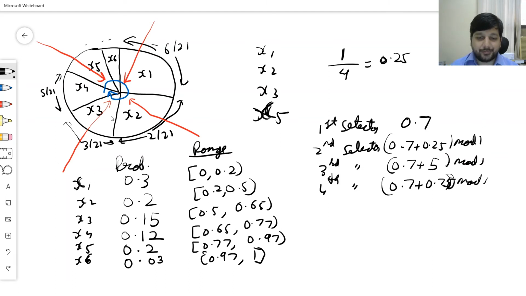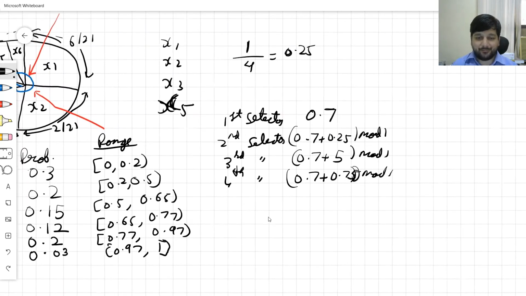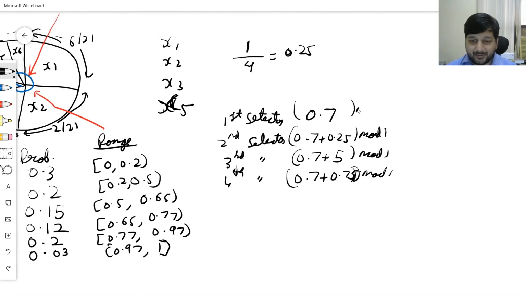So let's solve this over here, mod 1. So this will turn out to be 0.7 itself. This is 0.95 mod 1. It's decimal mod, so anything greater than 1, the excess gets cut off. So that's 1.2 mod 1.